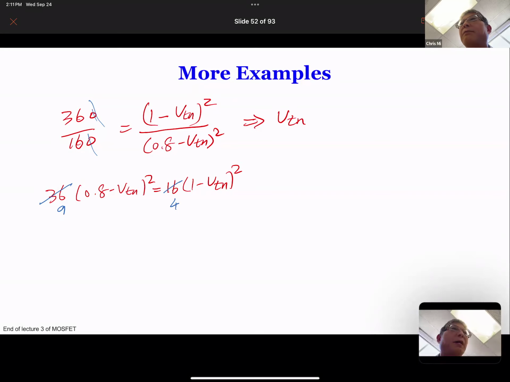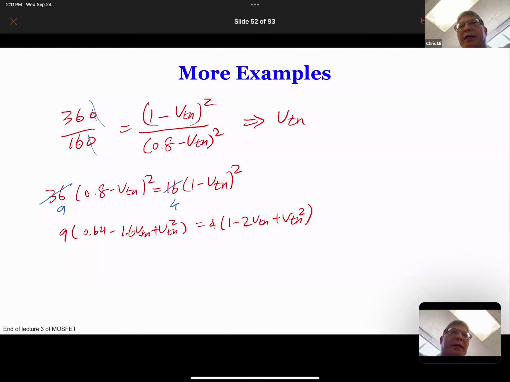Then we have 9 times 0.64 minus 1.6 VTN plus VTN squared, equal to 4 times 1 minus 2 VTN plus VTN squared.